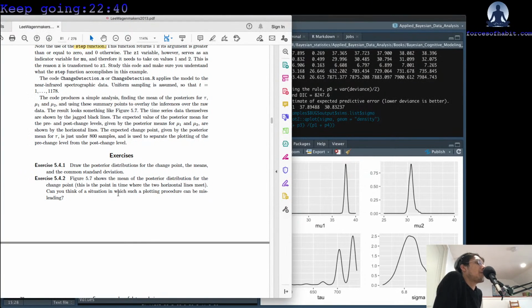Figure 5.7 shows the mean of the posterior distribution for the change point. This is the point in time where the two horizontal lines meet. Can you think of a situation in which plotting a procedure can be misleading?